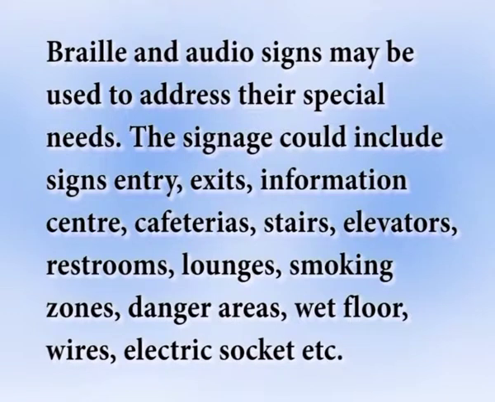Braille and audio signs may be used to address their special needs. The signage could include signs about entry, exit, information center, cafeterias, stairs, elevator, restroom, lagoons, smoking zone, danger area, wet floor, wires, electric sockets, etc.